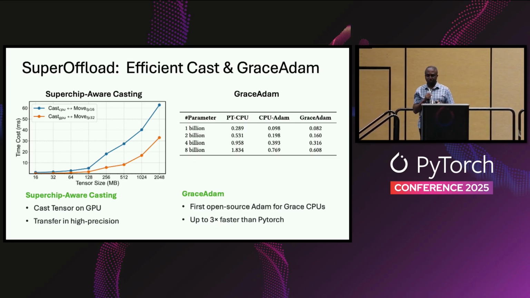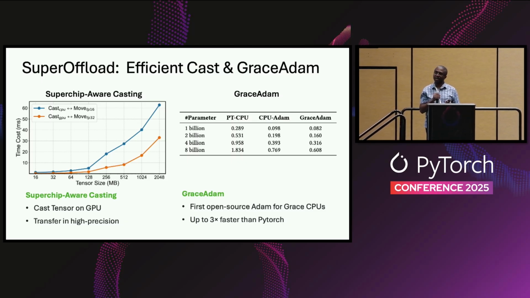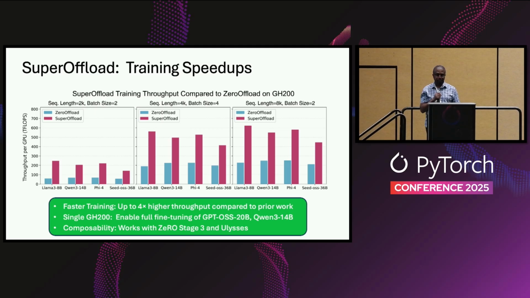Then the other part, shown on the right-hand side, is our Adam optimizer implemented on the Grace CPU. We take advantage of all of the vectorization features, the vector units that are available in the Grace CPU. This allows us to get an Adam optimizer that's 3 times faster than PyTorch. We believe this is the first open source Adam implementation for the Grace CPU, and we're pretty excited about that.